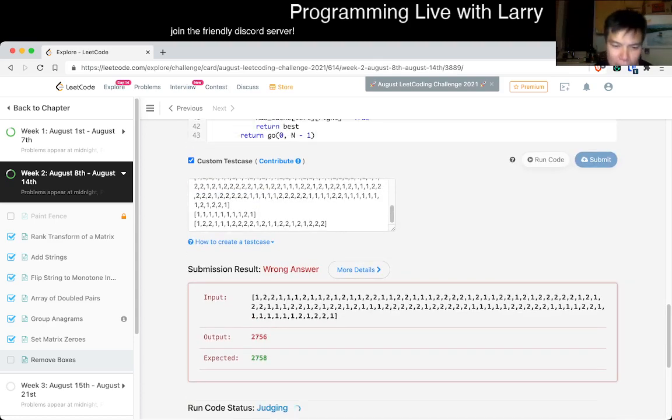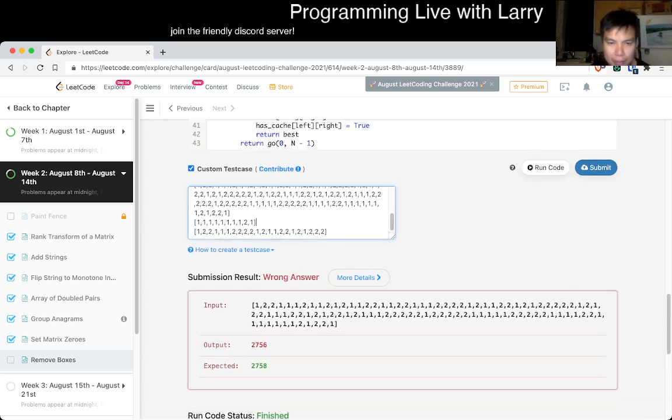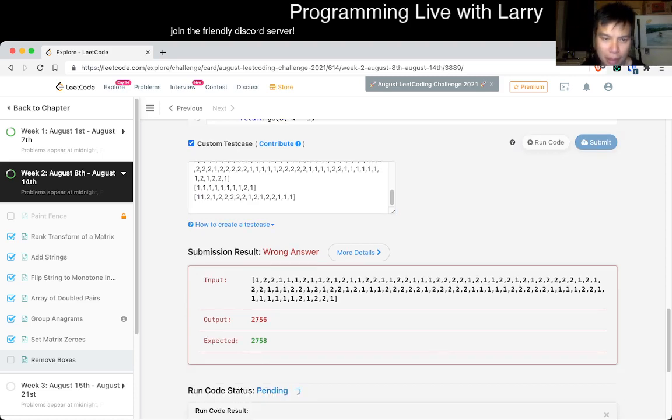Maybe I was wrong about one of the symmetry things. I think I could be a little bit more exhaustive, but so some combination of this weirdness is enabling a wrong answer.